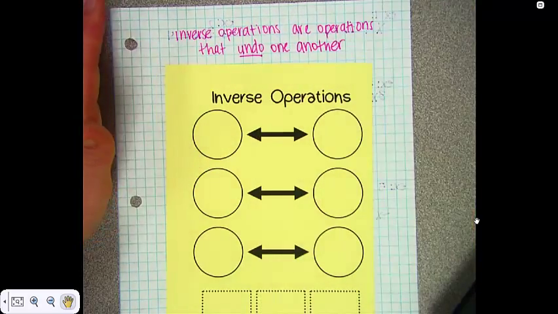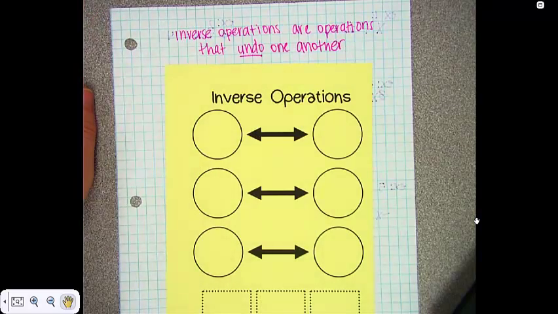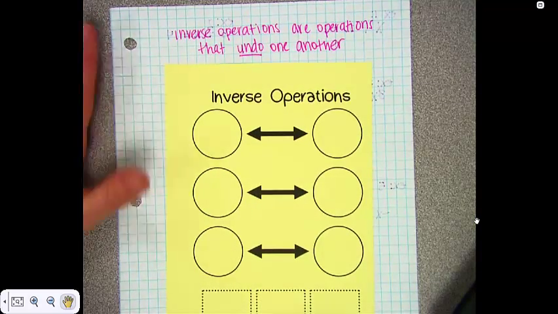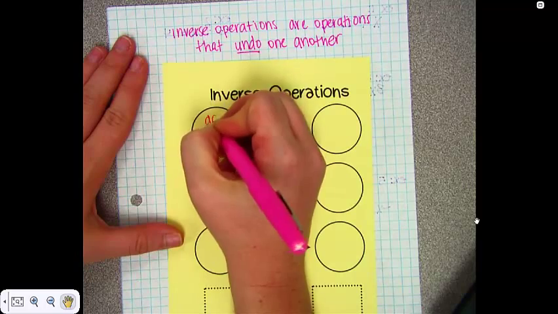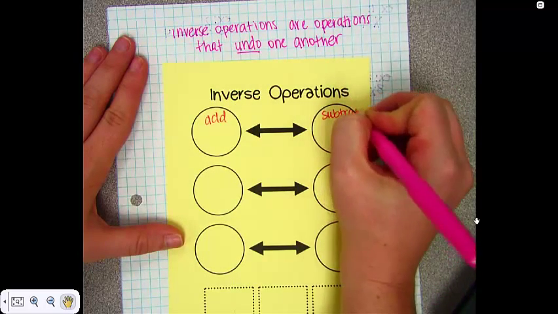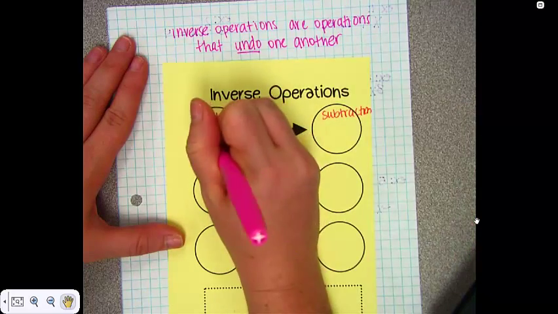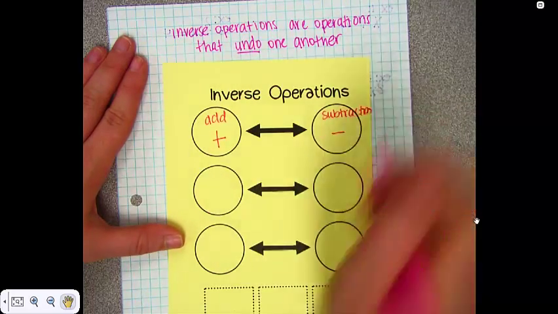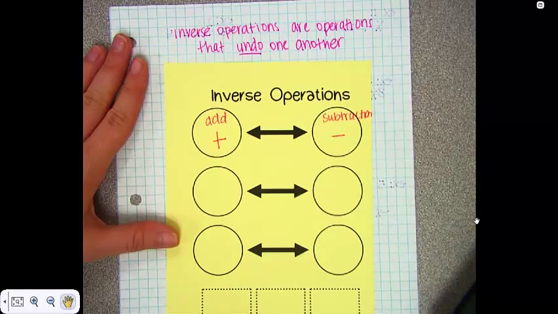Okay, so they're going to come in pairs, and the first set of inverse operations is addition and subtraction. So addition and subtraction undo one another.